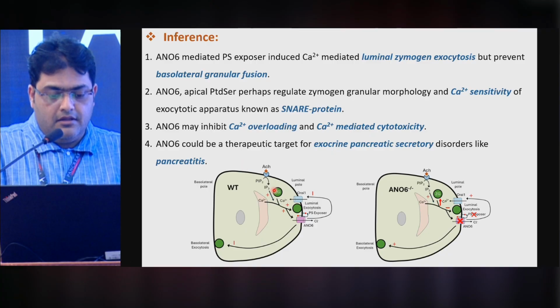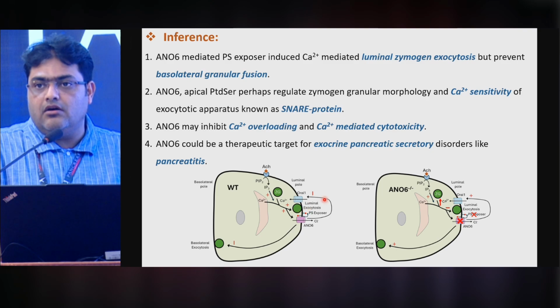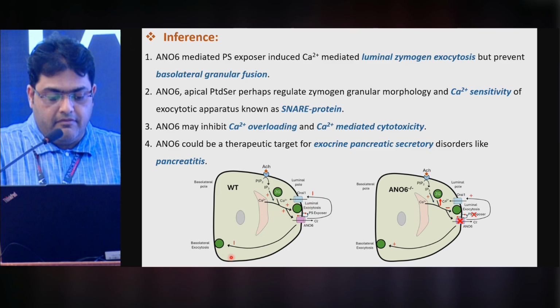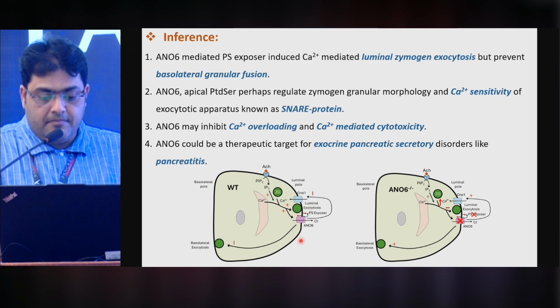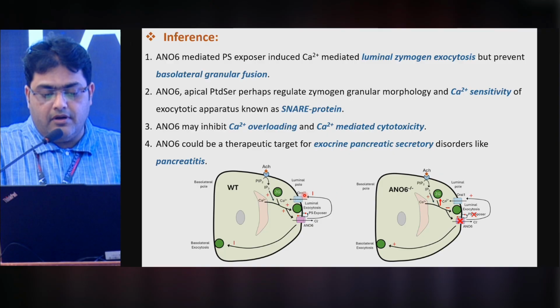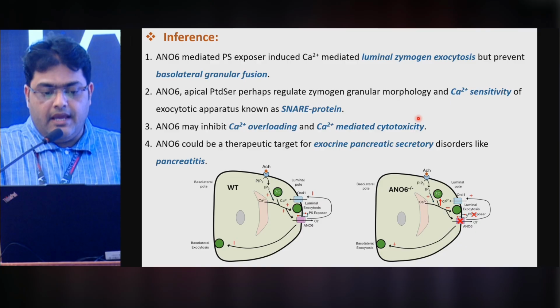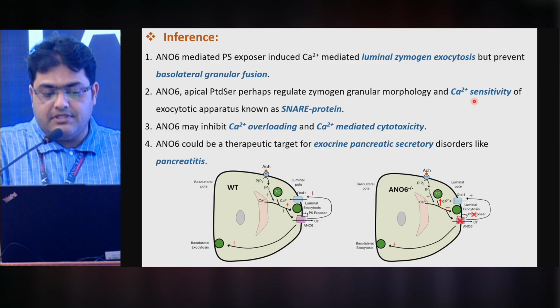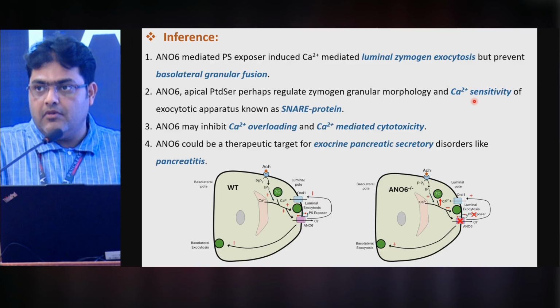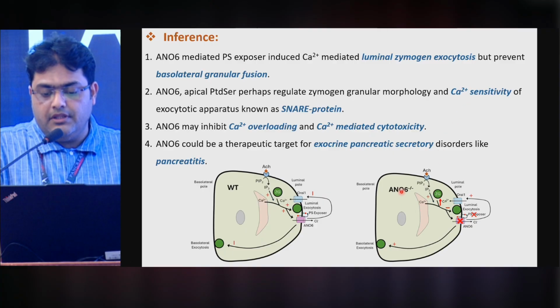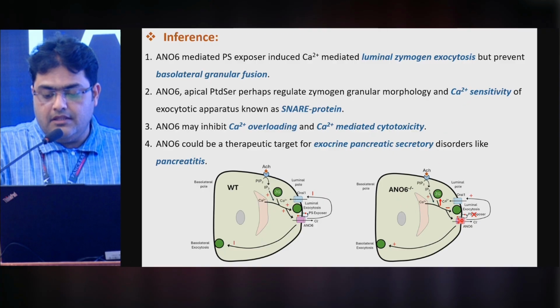So we can say in wild type, in the presence of ANO6, this stimulates luminal exocytosis but prevents basal exocytosis, and it may also prevent the ORAI1 channel from further entry of calcium and prevent further calcium overloading and cytotoxicity, and it may regulate the calcium sensitivity of the SNARE protein. We have to figure out how. When there is no ANO6, there is increased basolateral fusion, but inhibited luminal fusion and maybe calcium overloading.